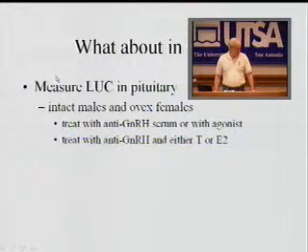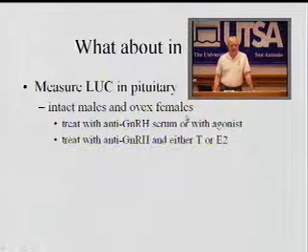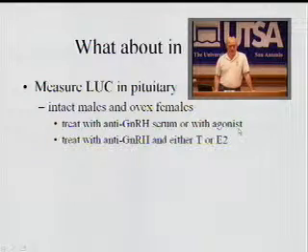So continuing with this, you measure the luciferase in the pituitary, in intact males and ovariectomized females, treated with an anti-GnRH serum or with an agonist to see the responsiveness of your reporter gene, and then treated with an anti-GnRH and either testosterone or estradiol to see the responsiveness.